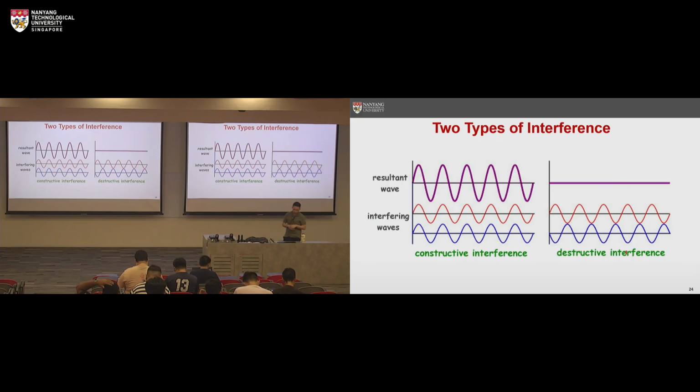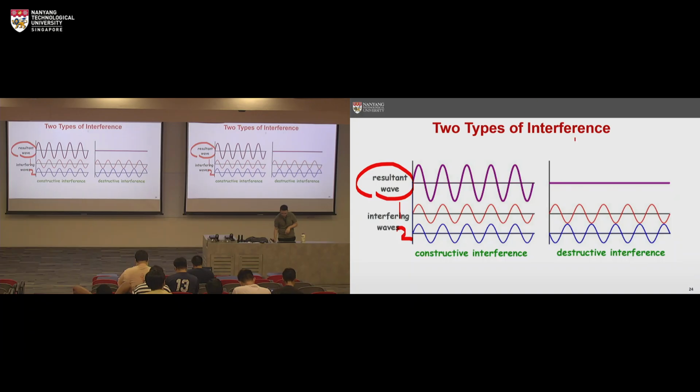Let's say originally your number 1 and number 2 have the same phase. Same phase basically means that their wavelength, their amplitude, everything is aligned. So your resulting wave is 2 times, double.